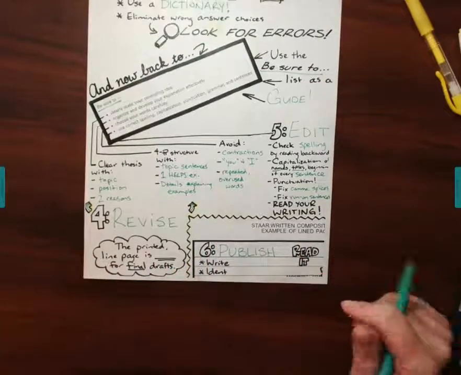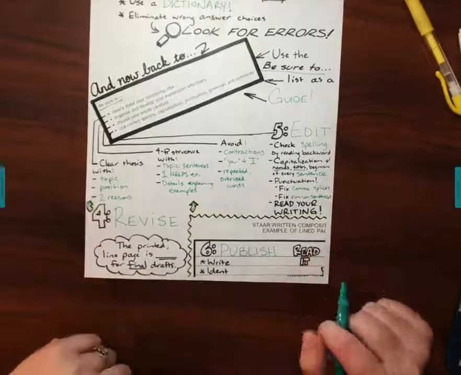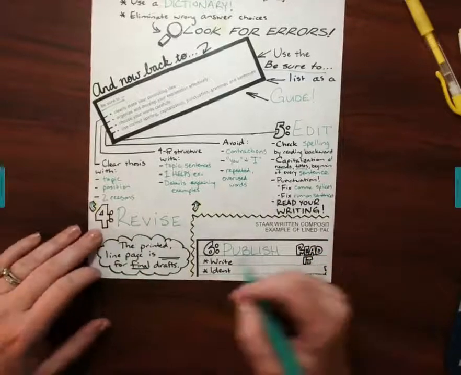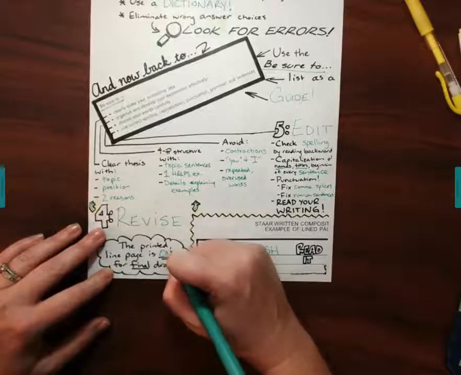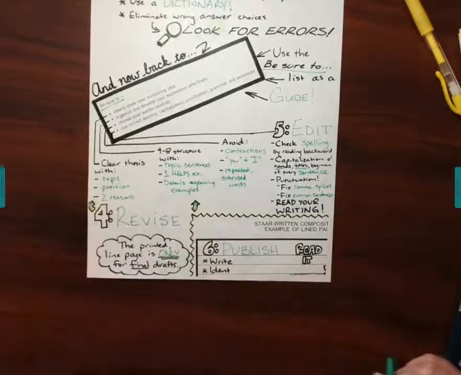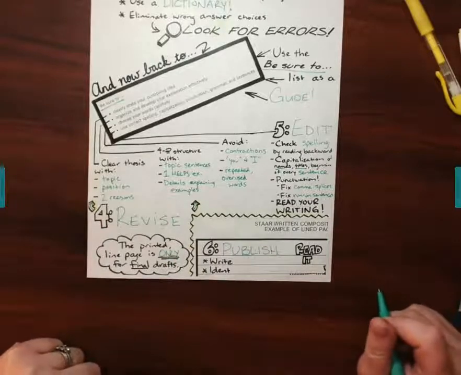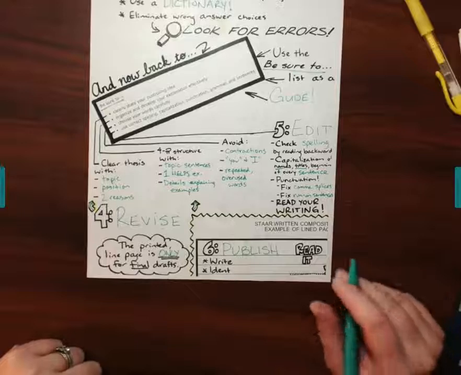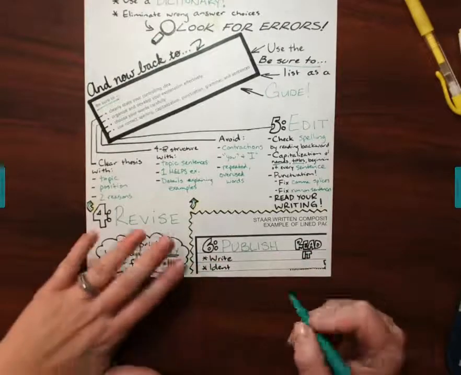It's a big old rectangle. It has 26 lines. You cannot write outside of the box, okay? So the printed lined page is only for your final draft. If you write your rough draft on it, congratulations, that's now your final draft. So don't do that. This is only for your final draft, okay?